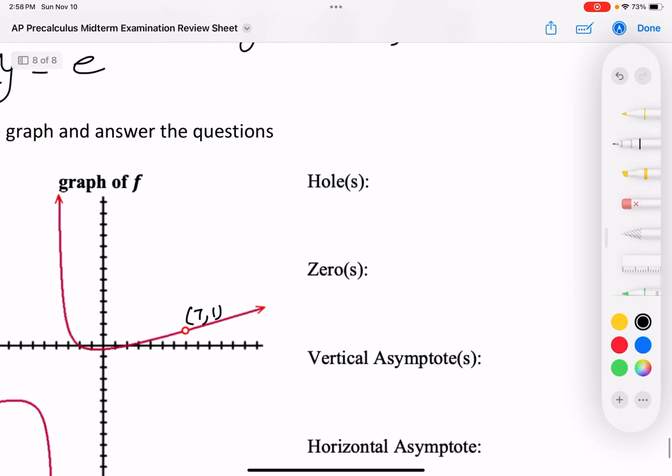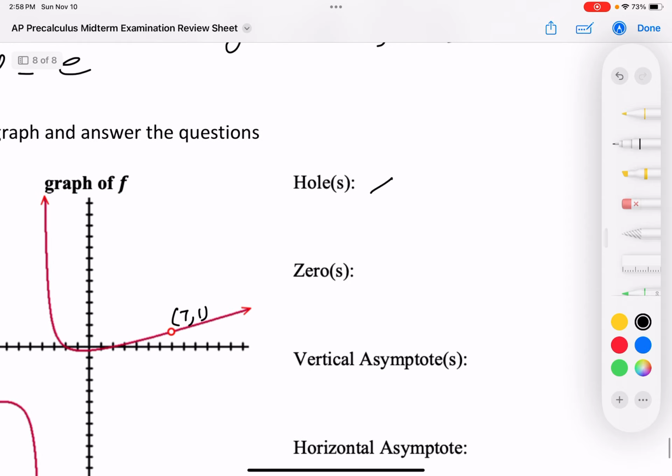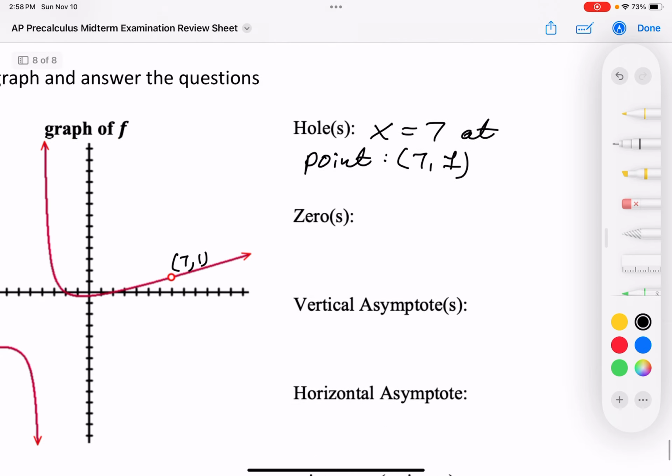So the hole in this case is at x equals 7, at point (7, 1). Now, the zeros is once again the x-intercepts.